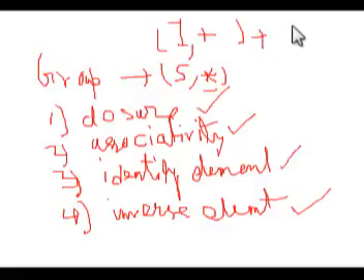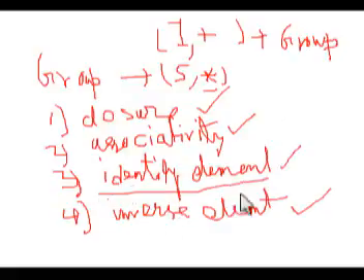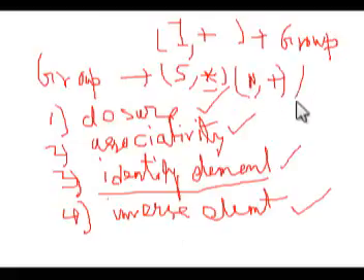But the set of natural numbers does not form a group because it does not have any identity element and no inverse elements for each element. If it does not have an identity element, then it can never have inverse elements. So the set of natural numbers with respect to addition does not form a group.